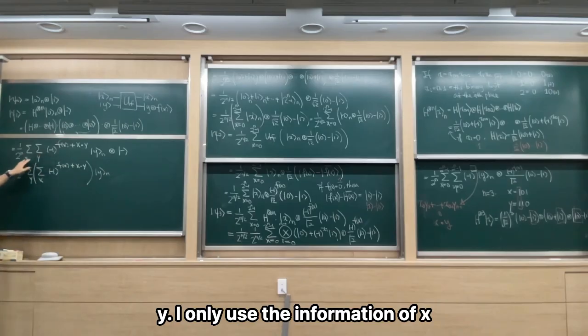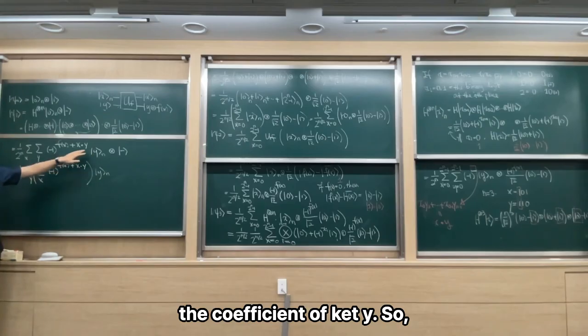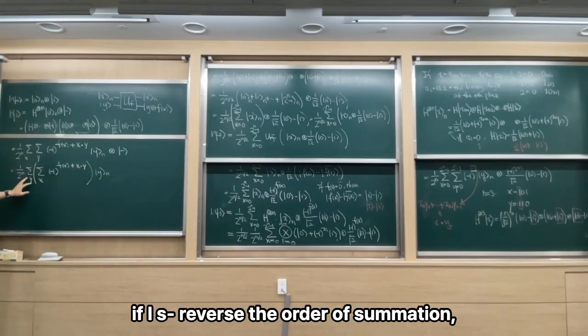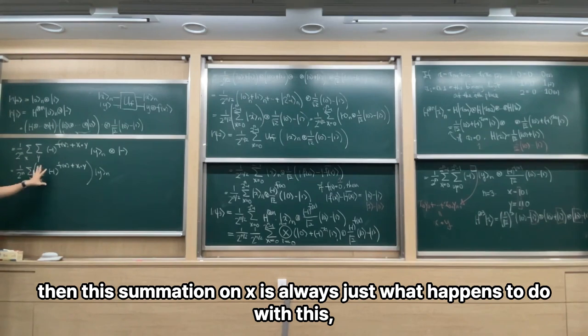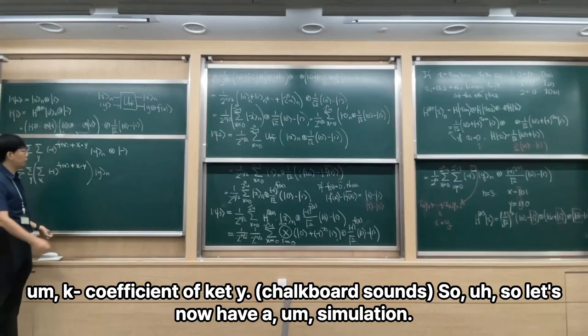I only use the information of x to determine the constants of this ket y, the coefficient of ket y. So if I reverse the order of summation, then this summation on x is always just what happens to do with this coefficient of ket y.